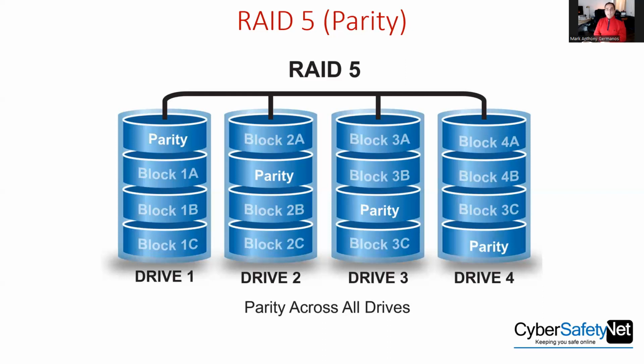Let's look at this graphic, and I was rather proud that I found this graphic online. With disk 1, or here they call it drive 1, you have data that is native to drive 1 in block 1A, block 1B, and block 1C. Then you have parity data. This parity data is actually parity data from drive 2, drive 3, and drive 4. So if one of those other drives fails, then you slap in a new drive.